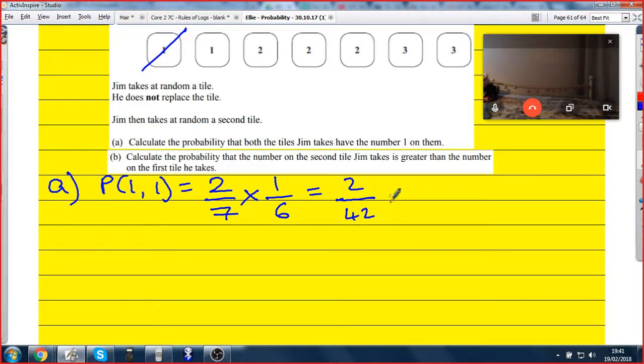Okay. Part B. I'll let you read that. So would this be 5, oh, do I have to write down the possibilities? Yeah. I think it's a good start.